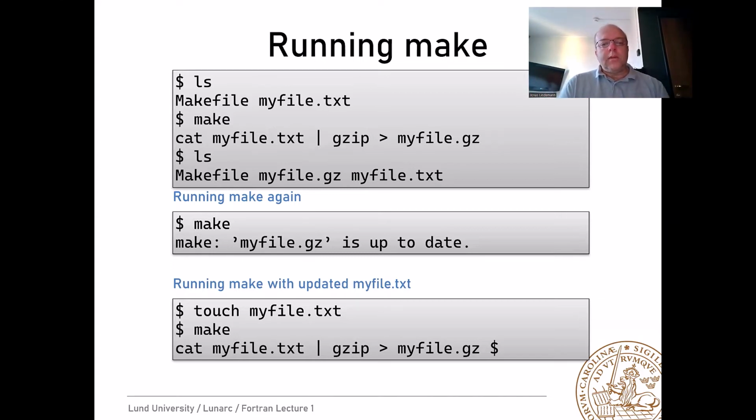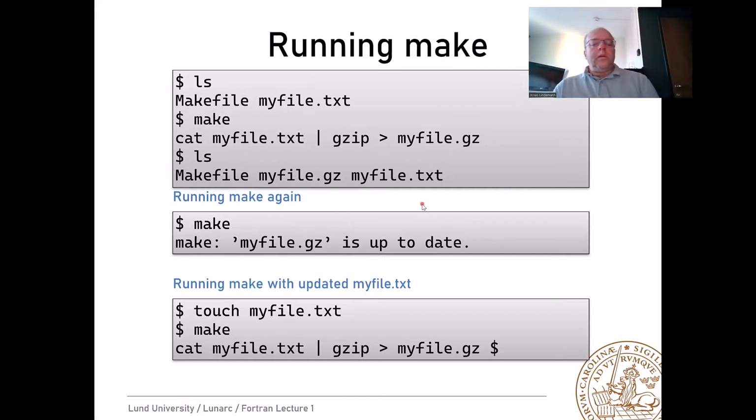So if I just type make on the command line prompt, you can see that it will execute this part here, and that was the command I gave in the rule. And if you look at ls here, you can see that it created a myfile.gz file.